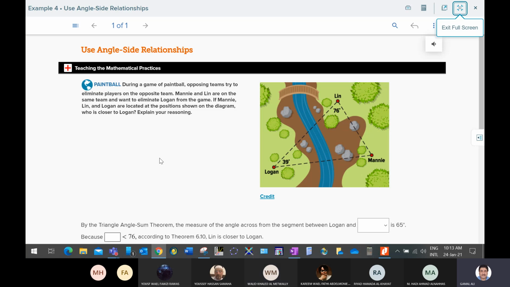He wants to compare between the two sides: Logan and Manny, and Logan and Len. How can you know? What is the measure of the third angle at first, Walid? This is 76 and this is 39. What is the measure of this angle?